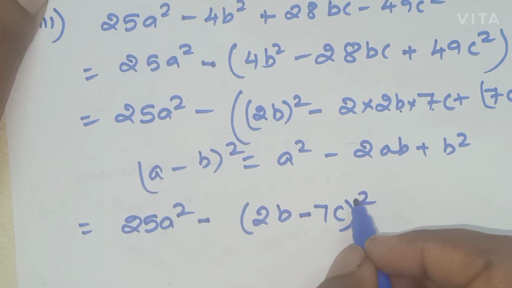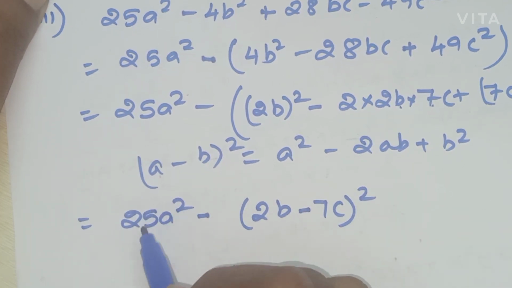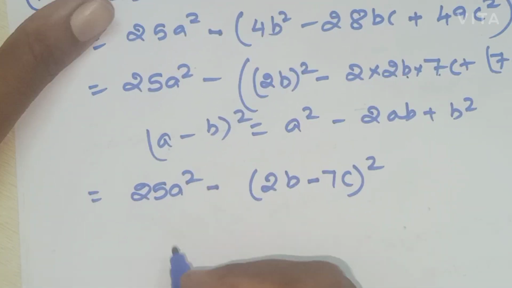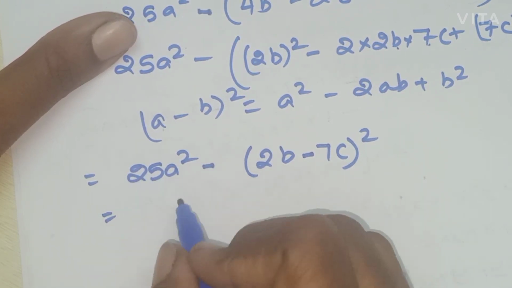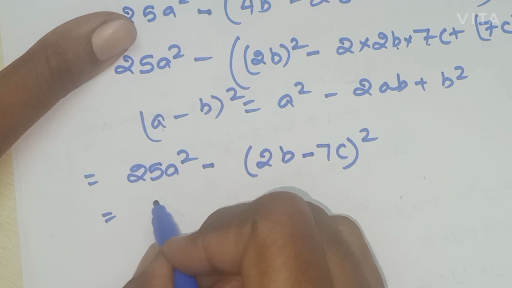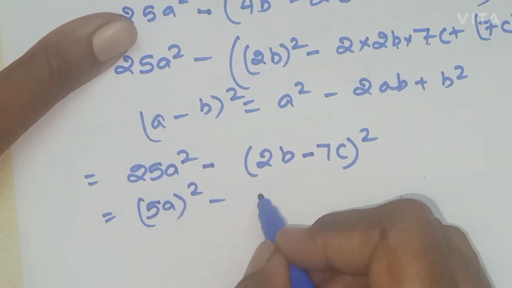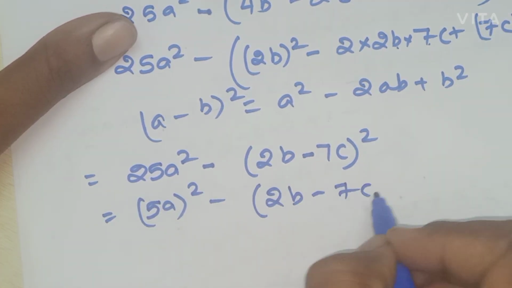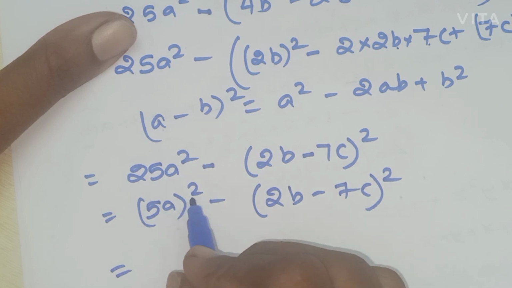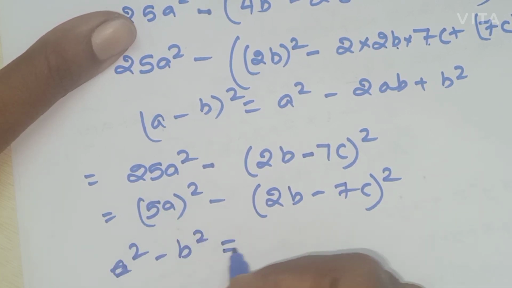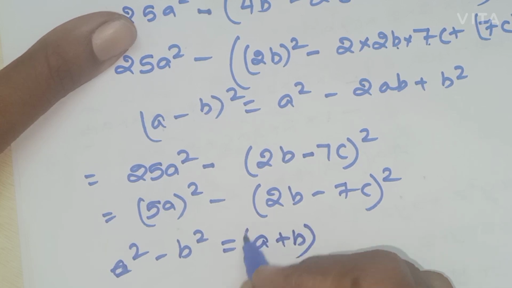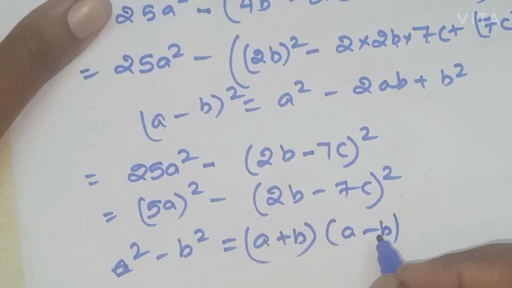Now once again this is of the form a square minus b square. It is not complete. So now we can write 25a square as 5a the whole square minus 2b minus 7c the whole square. Now this is of the form a square minus b square. So a square minus b square is equal to a plus b into a minus b.